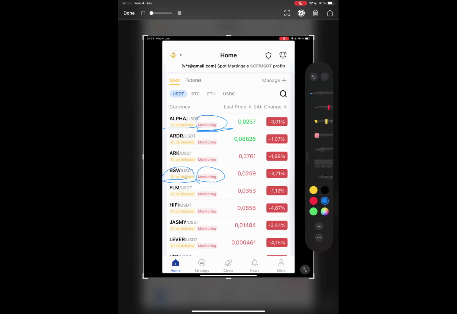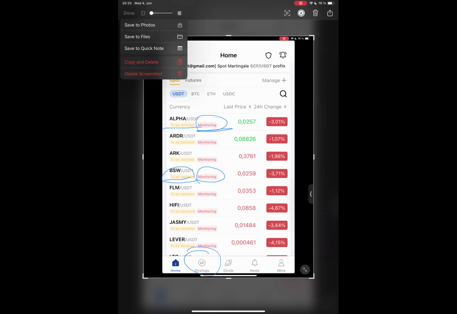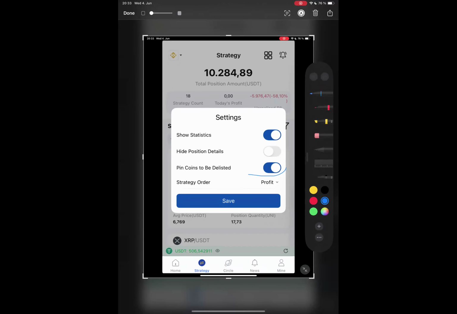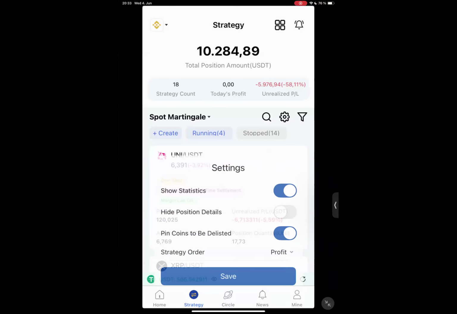If you want to see that to be delisted, you need to go to strategy. Let's practice that. Then at the top here, you have to make sure pin coins to be delisted is on. If it's not on, you will not be able to see to be delisted on the name of the coin. I hope that is clear.